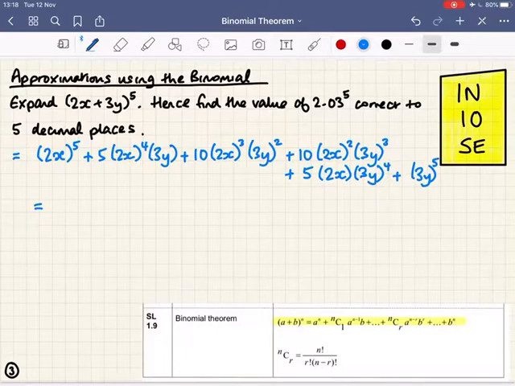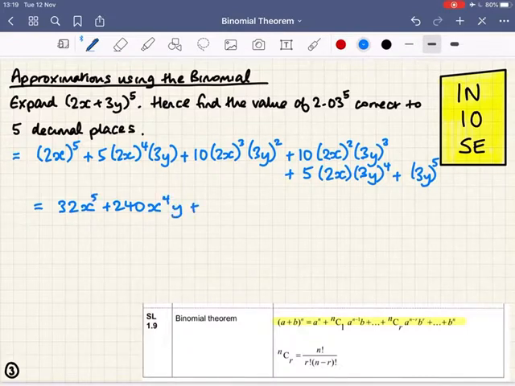2 to the power of 5 is 32, so 32x. We've got 2 to the power of 4 times 5 times 3 gives us 240, and that's x to the power of 4, sorry, this should be x to the power of 5, x to the power of 4y.